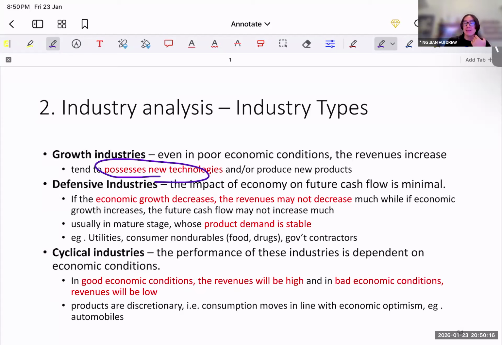LNG is generally imported, whereas if we have a small nuclear reactor, we might not even need to import any more LNG to generate electricity, right? So things like nuclear, there are new technologies that we can categorize as a growth industry, particularly in countries like Singapore or even other parts of the world where nuclear is not being used at the moment.